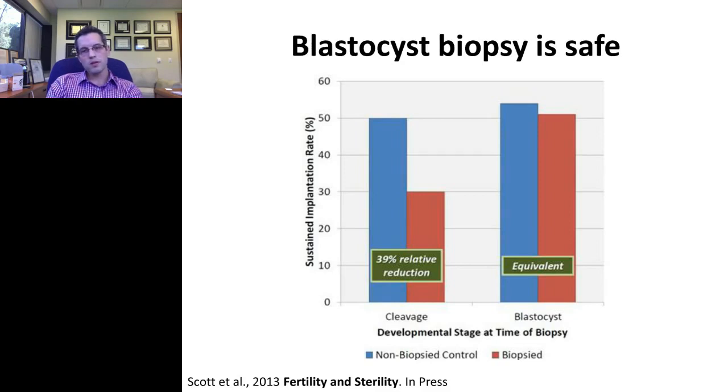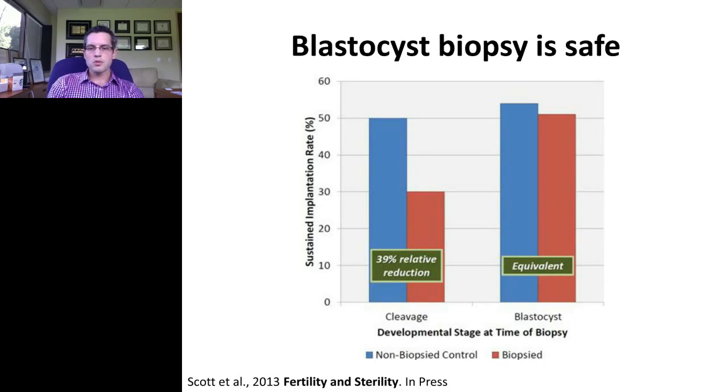When you perform a trophectoderm biopsy, in contrast, it's after embryonic genome activation. Again, it's a smaller percentage of the embryo. And it also represents an extra embryonic biopsy. So we're not actually taking any cells from the inner cell mass, which is destined to become a fetus.